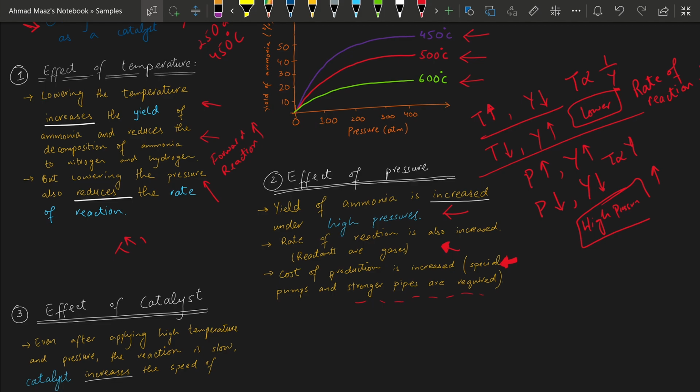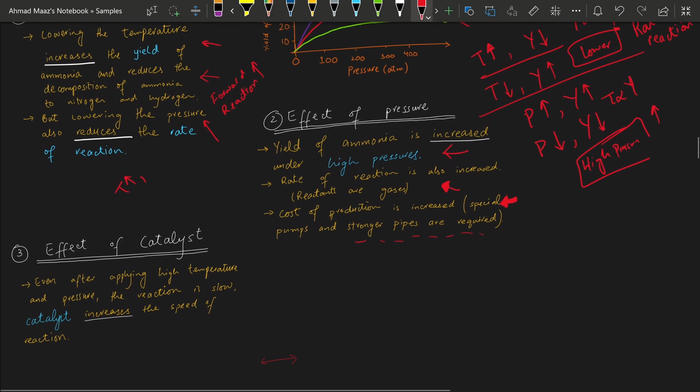So we've discussed the effect of temperature and the effect of pressure. Now let's talk about the catalyst. We know that it increases the rate of reaction, but it has no effect on the yield. The yield of ammonia will remain the same by adding the catalyst, which is the finely divided iron catalyst that we've seen.